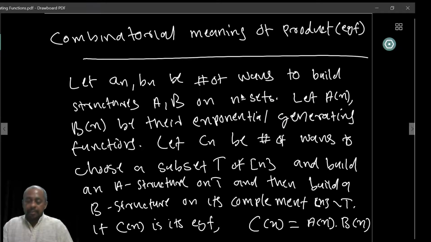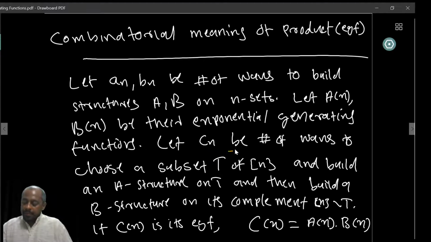So given an n-element set and a type of structure, let's say A, I will say that a_n is the number of ways to build this structure on this n-element set. Now, let A(x) and B(x) be the exponential generating functions of a and b respectively.